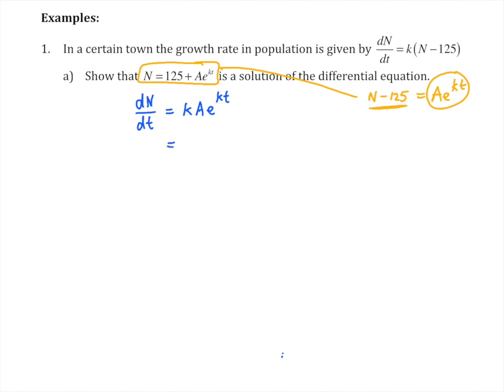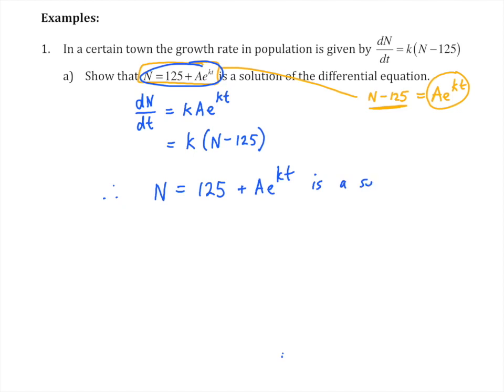So here I can say that's k, instead of Ae^(kt), it's N take 125. So we can therefore say N equals 125 plus Ae^(kt), that's what we were asked to show, is a solution to the equation.